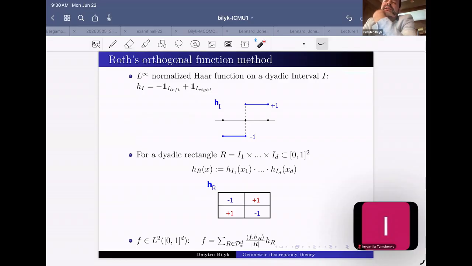If we take dyadic boxes or dyadic rectangles, so that all of its sides are dyadic, then we can define the Haar function associated to this box or this rectangle as the tensor product, so basically a coordinate-wise product of Haar functions.